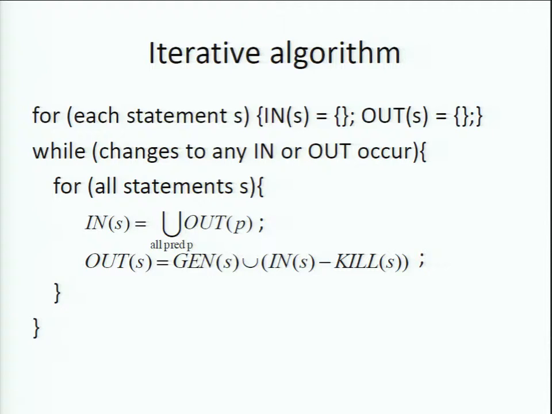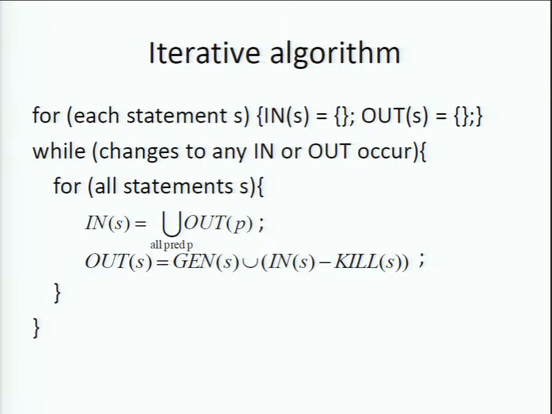I was talking about this algorithm, and what we do in this algorithm is that we simply initialize the in and out of each statement to the empty sets, and then we repeatedly calculate the in and out sets for all the statements. We start with the empty set, then we have a while loop, and inside the while loop for all statements we execute these two equations, the in and out sets.